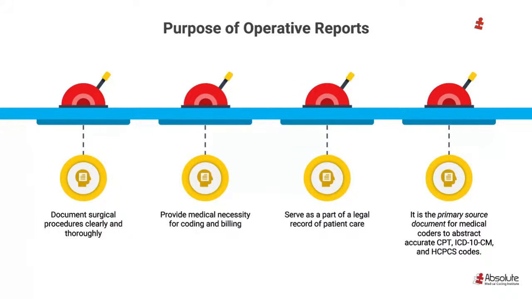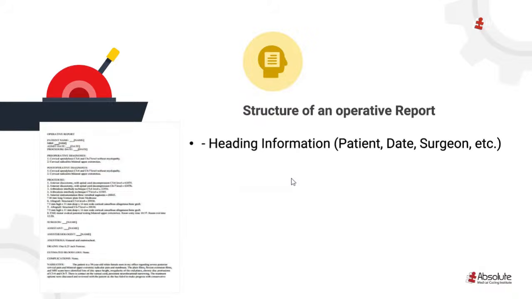And finally, an operative report is the primary source for medical coders to abstract accurate CPT, ICD-10, and HCPCS Level 2. This is the document that we use to do our job. So yeah, operative reports have a lot of purpose.